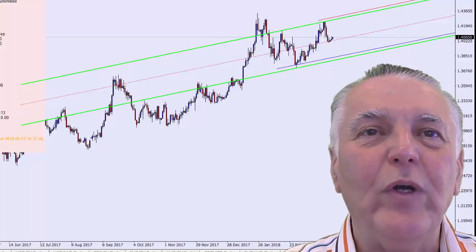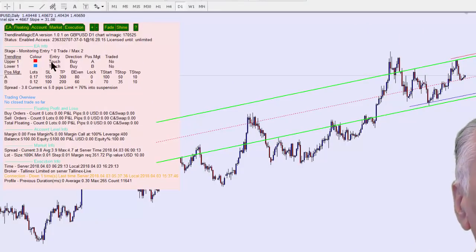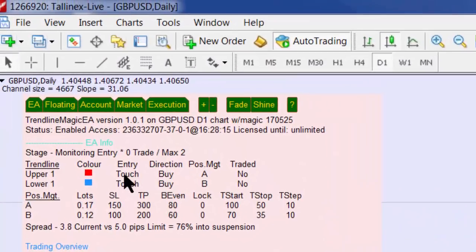So let's have a look at the information that is available, and it's telling us that the red line there will be a buy on the red line, and it will use a specific position sizing management plan, and then again on the blue line it will buy and also use a specific position management plan.